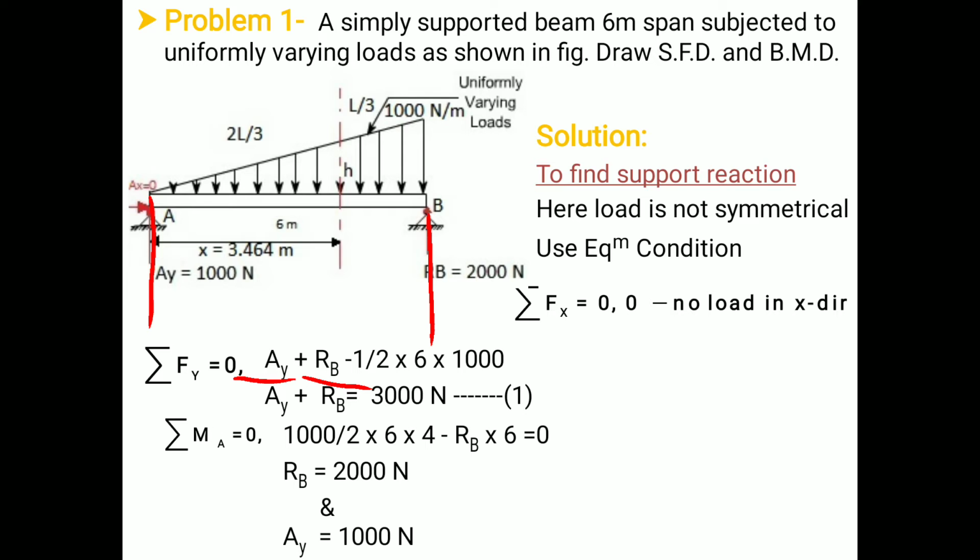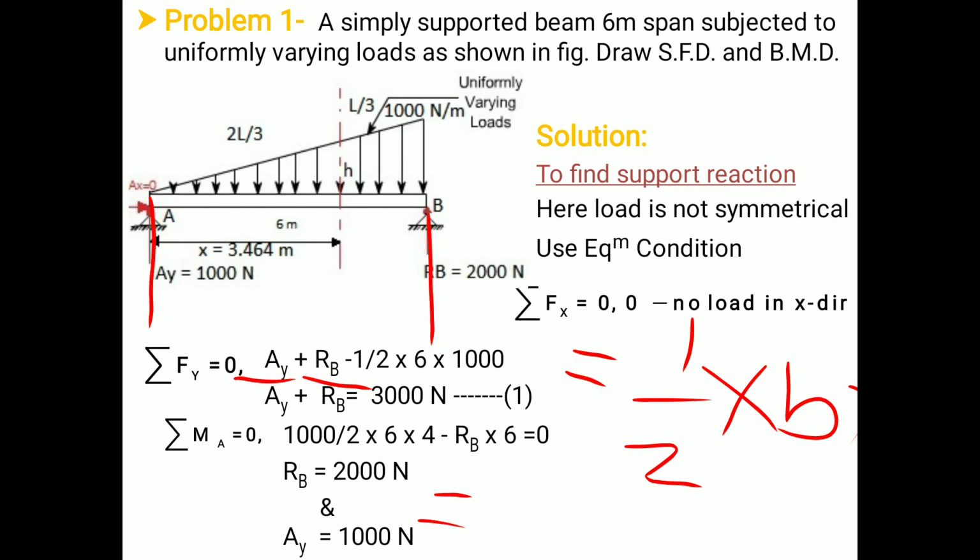Now how to convert uniformly varying load into point load? The formula is 1/2 into base into height. By using this formula, we are going to convert our UVL into point load.